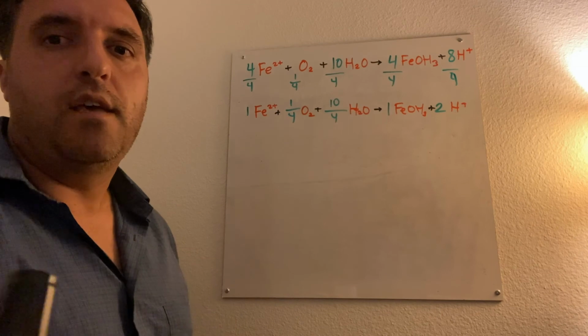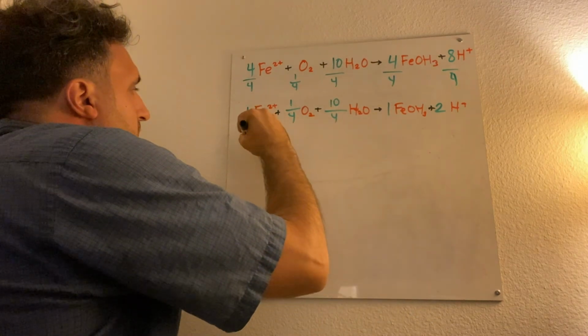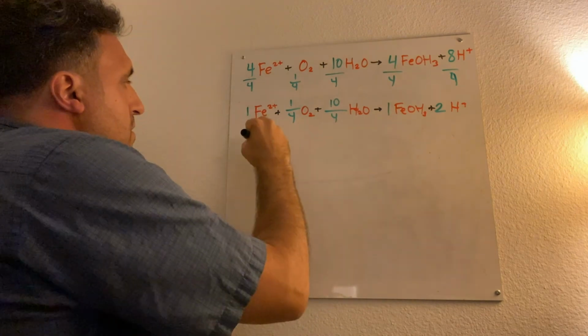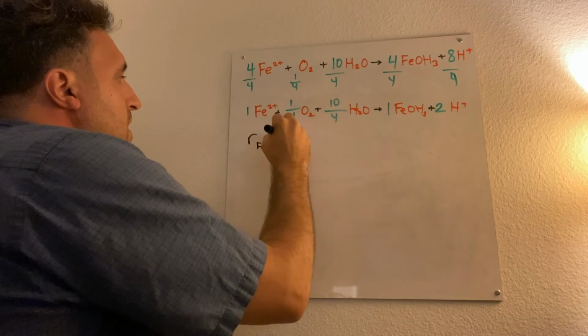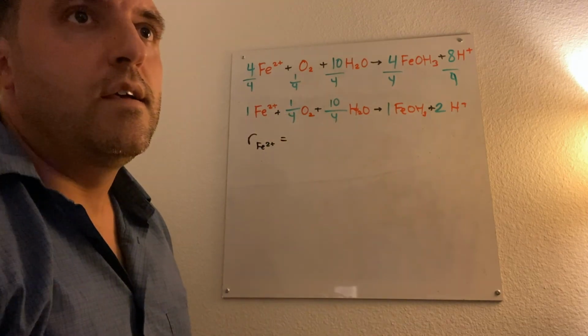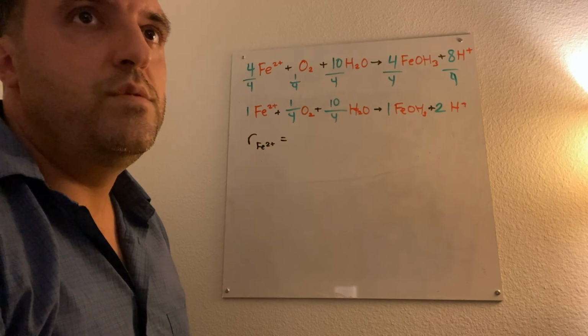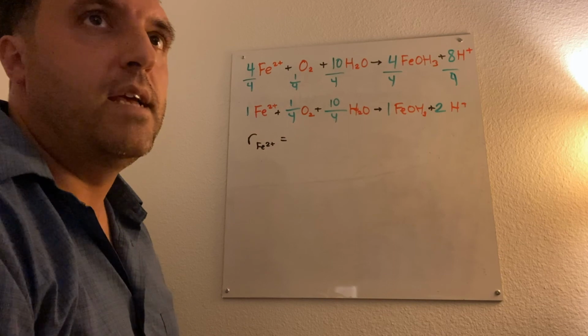So if we express the reaction rate as the variable R, R of Fe2 plus is equal to 2 times 10 to the negative 7th moles per liter per minute.